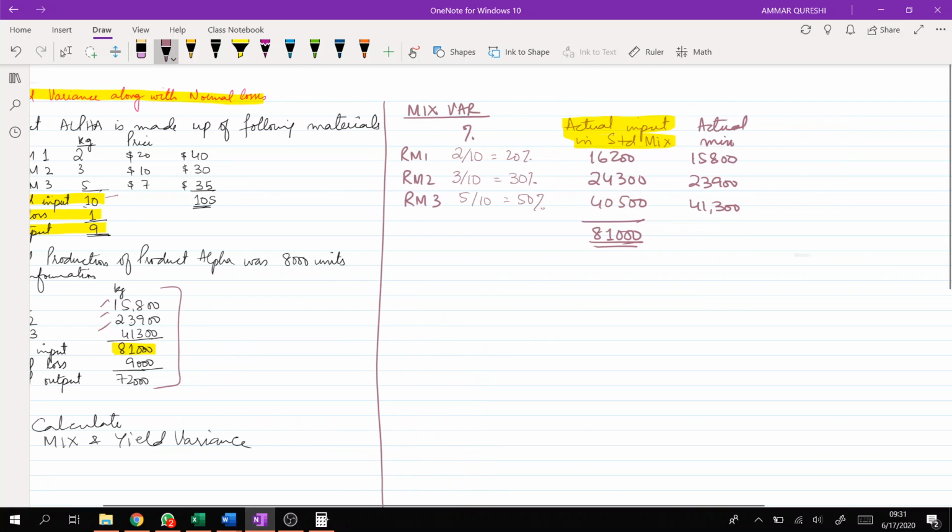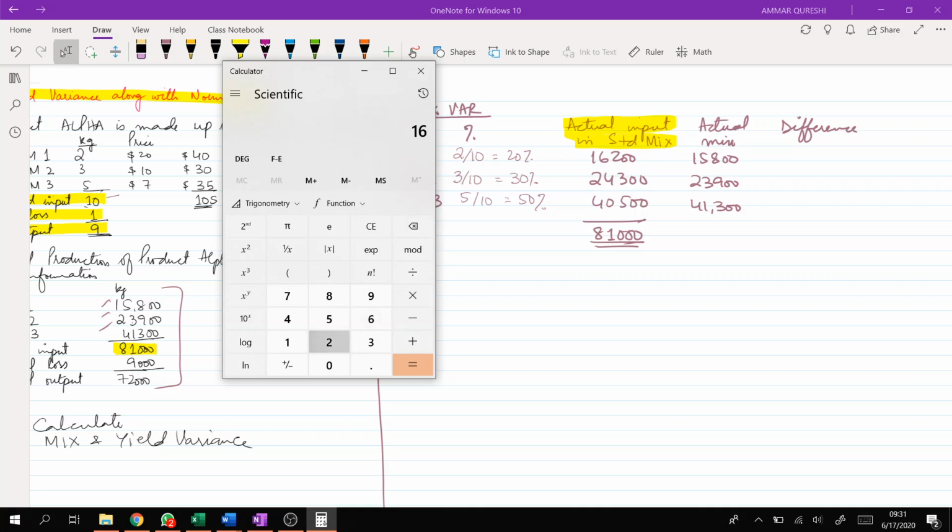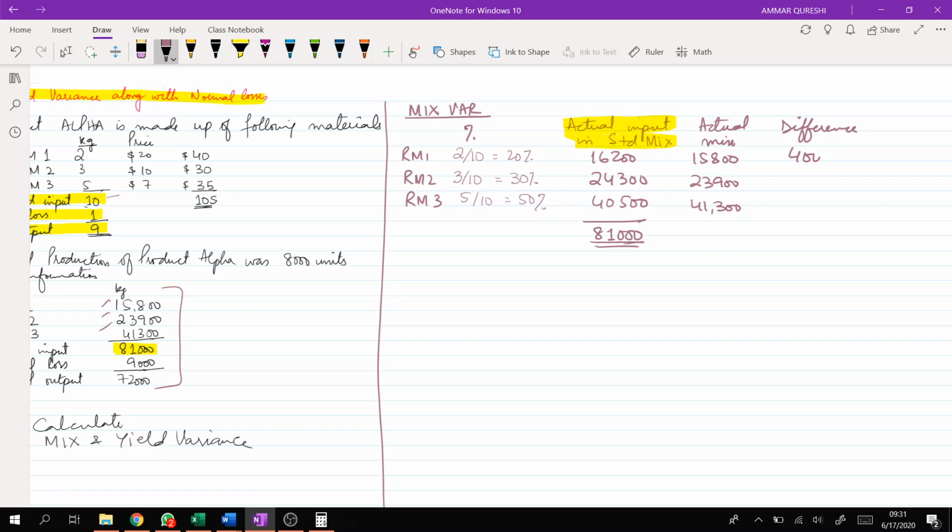This is the actual input, right? So what is the difference then? In the first case, the difference is 16,200 minus 15,800. That makes 400. And since actual input is lower, this is towards a favorable variance.